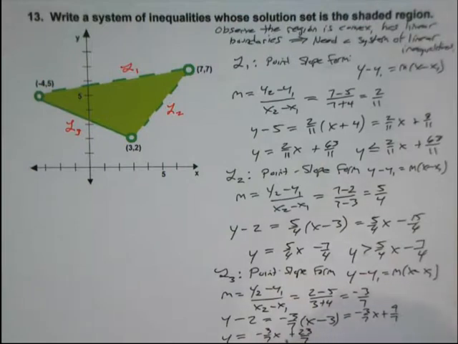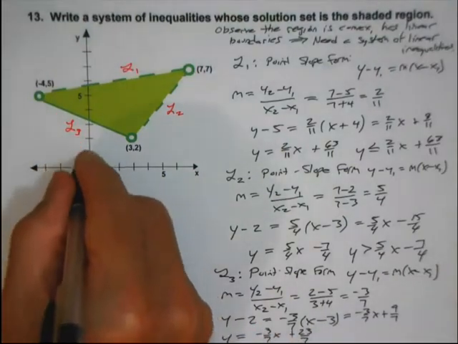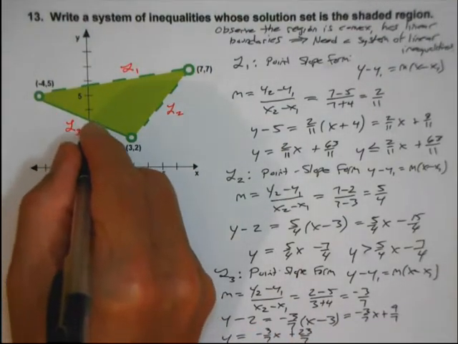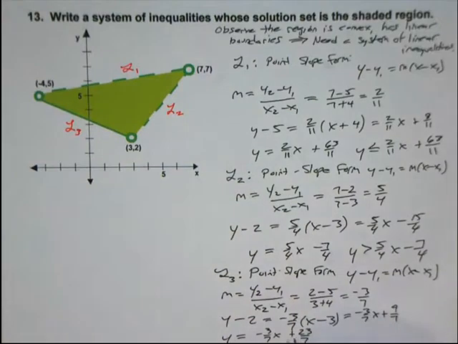Let's see if we like this. 23/7, that's somewhat more than 3, 3 and 2/7. Let's look at the y-intercept of this L3. 1, 2, 3, and a little bit more. Okay, 3 and 2/7 looks very consistent. So this seems to be going well.